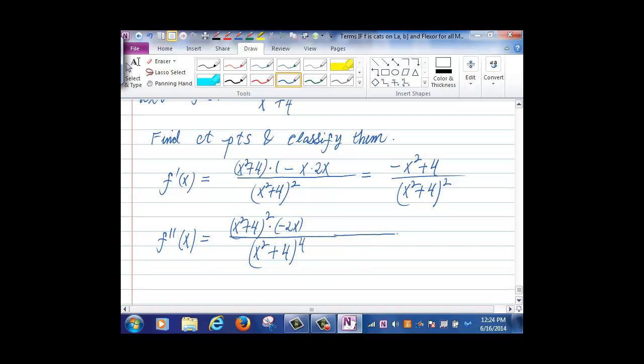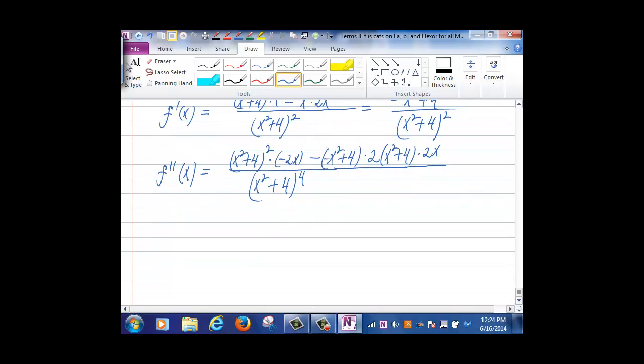And then minus negative x squared plus 4 times the derivative of the denominator, which is 2 times x squared plus 4 times 2x, right?